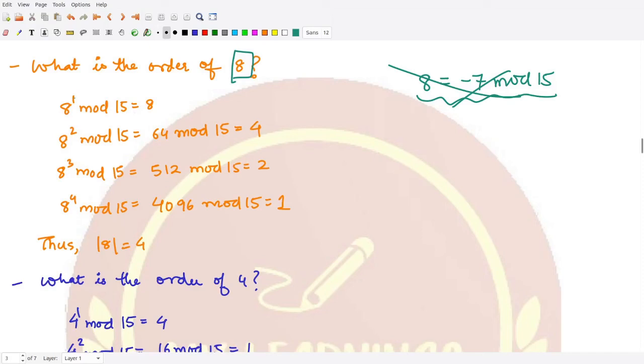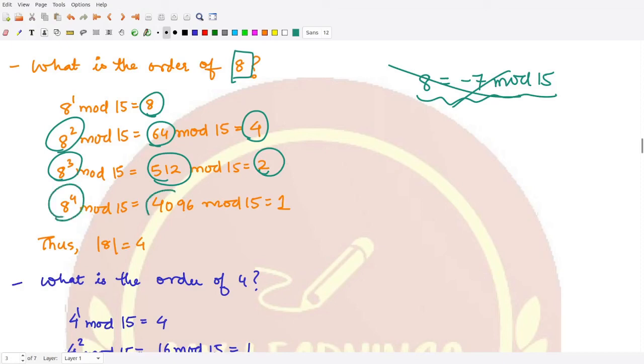So it would be 8 to the power 1 mod 15, that is 8 only. 8 square mod 15 is 64 mod 15, which is 4, right? 8 cube mod 15 is 512 mod 15, and 512 mod 15 is 2. You can calculate it.